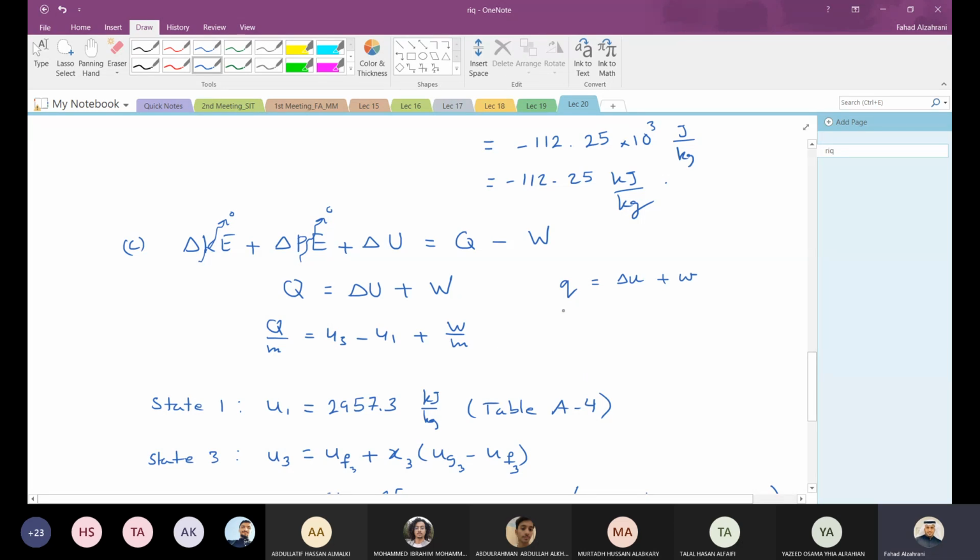So this is the same thing, similar to internal energy, similar to volume. If I divide heat and work by mass, I get what? I get specific values.